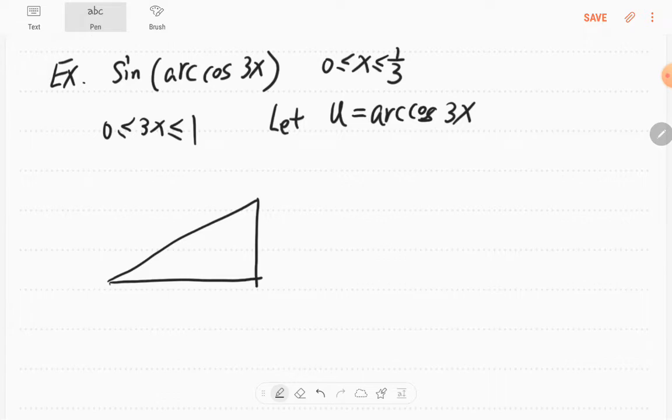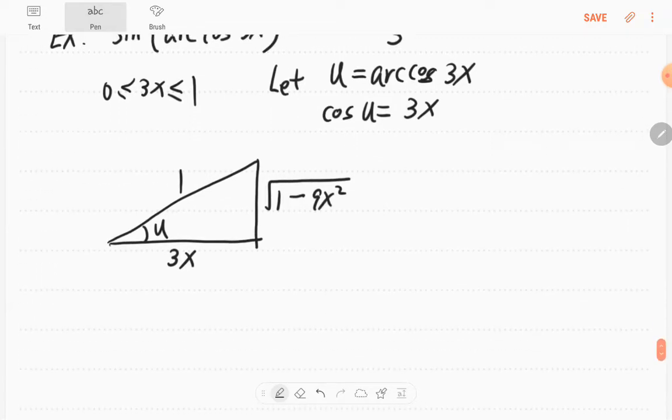So the cosine u is equal to 3x, so this side would be 3x and the hypotenuse would be 1. Using the Pythagorean theorem, the other side becomes the square root of 1 minus 9x squared.